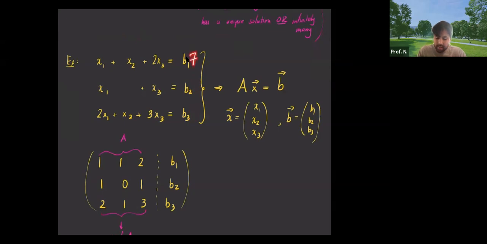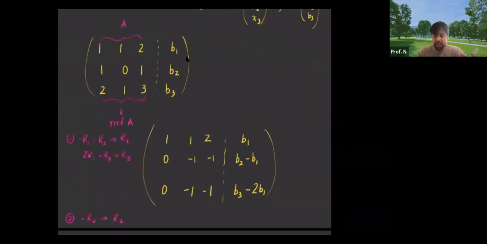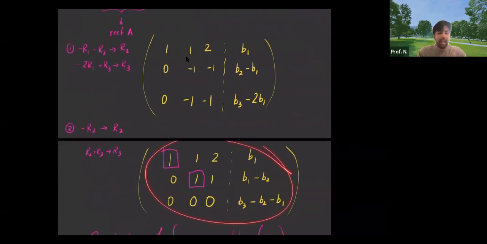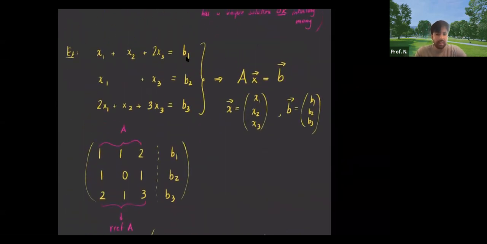If this is a 7, a 3, and a 9, 7 plus 3 is not 9. I know for a fact if I were to solve this system, I would get no solution, because I already know the end game. I already know how this plays out. That's why it's important. So all this row reduced echelon form business comes right back. This gives us a lot of information about the system in its generality.